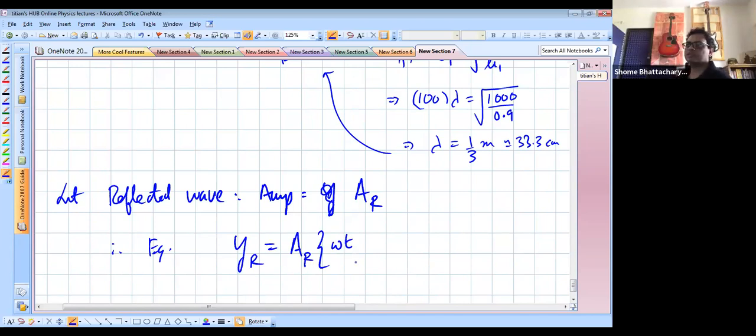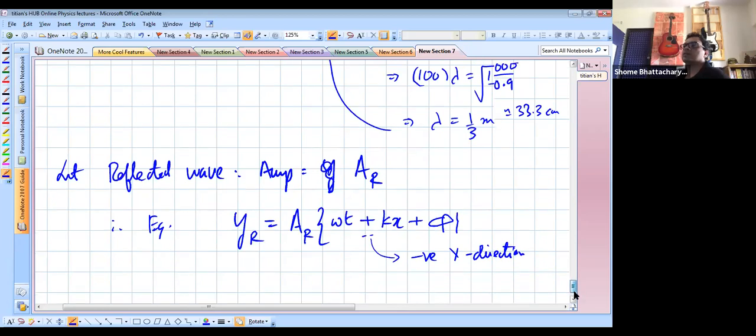So the incident frequency is going to be the same as the reflected and transmitted waves, but only the direction of propagation has become opposite. Let's assume some kind of phase constant, which I will work out. The plus sign here is coming because it's going in the negative x direction. The propagation of the wave is in the negative x direction. So that is one important thing.